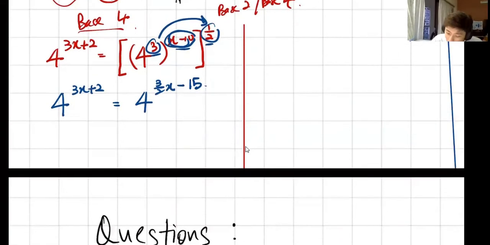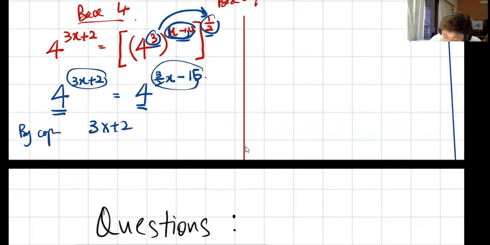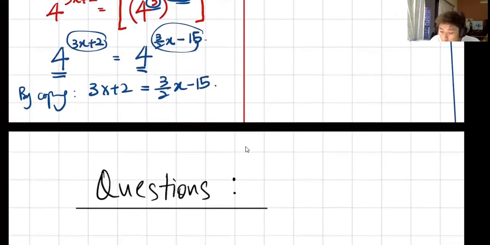Yeah, correct. So now you realize that these 2 bases are the same, therefore you can say that the top must also be the same. So you can straight away write 3x plus 2 by comparing. You know that 3x plus 2, don't put equals, okay? Because you're going to have an equal on the right hand side already. 3x plus 2 is equals to 3 over 2x minus 15.